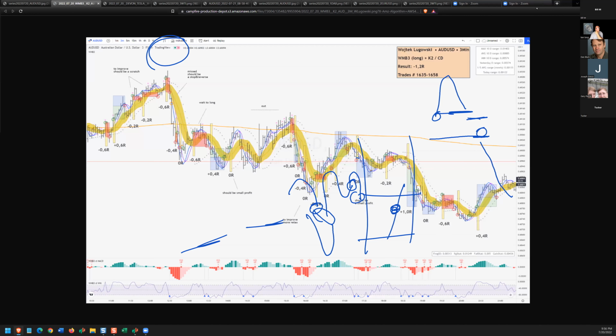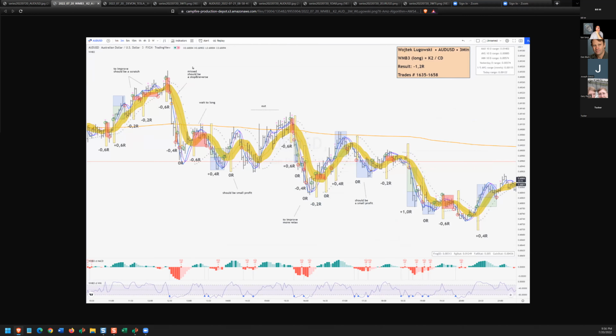Woj, 3-minute Aussie. Yeah, this stop and reverse was missed. That was the big pay. We did a little better on this one and on this one.